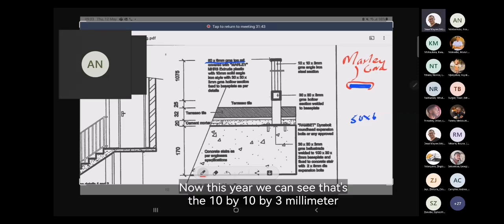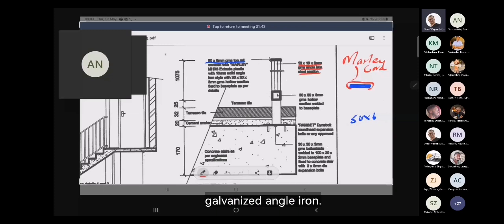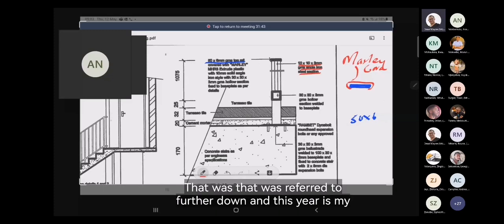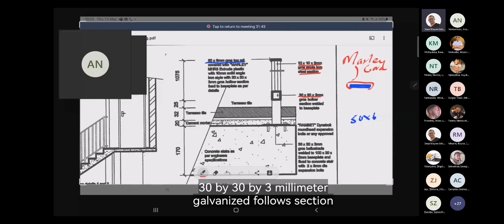Now this here we can see that's the 10 by 10 by 3 millimeter galvanized angle iron. That was referred to further down. And this here is my 30 by 30 by 3 millimeter galvanized hollow section welded to our base plate.